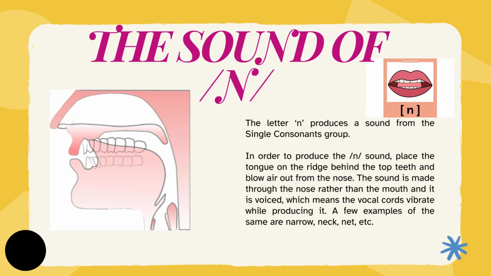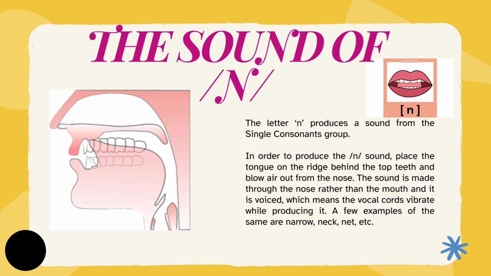Then we have the sound of N. The letter N produces sound from the single consonant group. In order to produce the N sound, place the tongue right behind the top teeth and blow air out from the nose. The sound is made through the nose rather than the mouth, and it is voiced, which means the vocal cords vibrate while producing it.